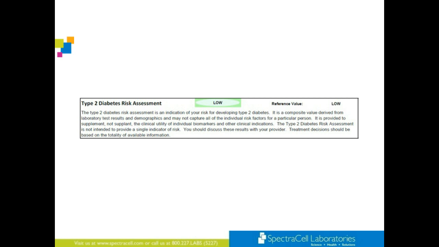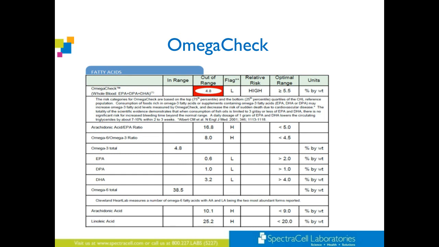In addition to those diabetic markers and those lipid markers for the cardiometabolic panel, you will also see an omega check. This is where the omega-3s and omega-6s are being evaluated in the patient.